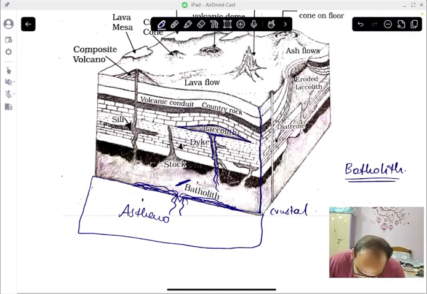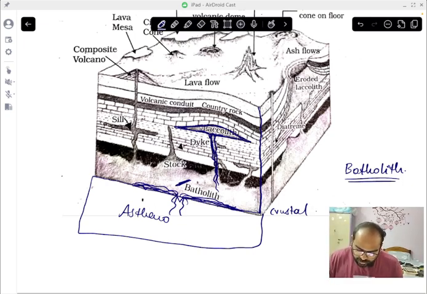See, this is the dome shape. The magma traveled from deeper parts of the crust to upper parts of the crust and gets solidified here into a dome shaped structure. It is called laccolith.